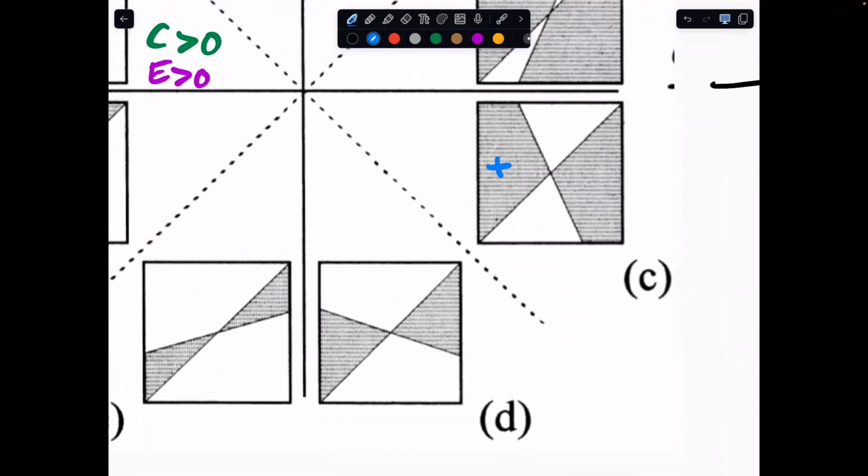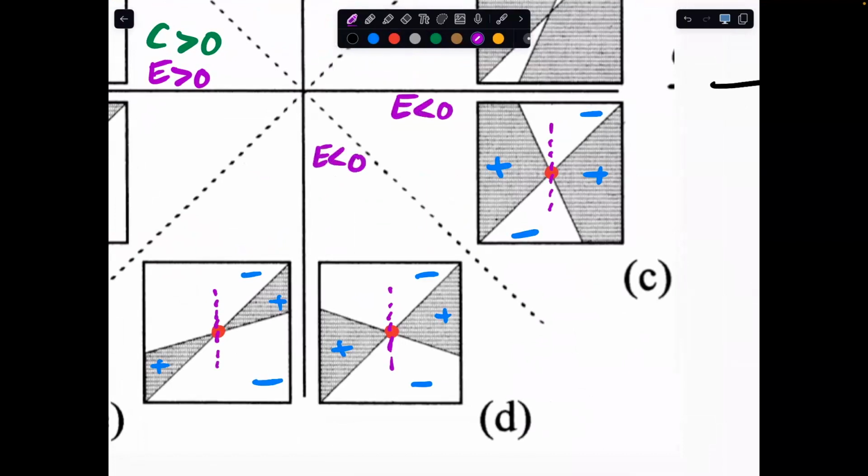Let's start with this one. I'll do all of these together at the same time. In all three of these cases, if we draw a vertical line through our singular strategy, we're always in negative regions either side of it. So all three of these cases are evolutionarily stable.